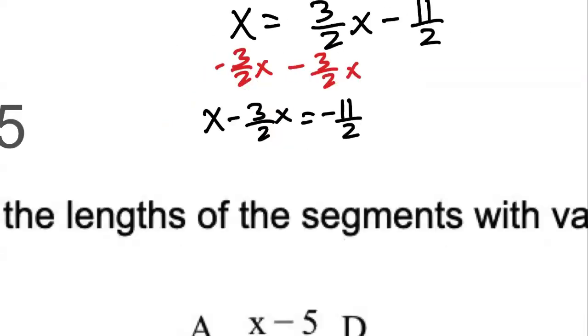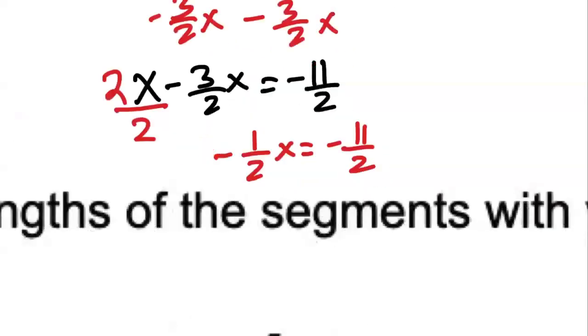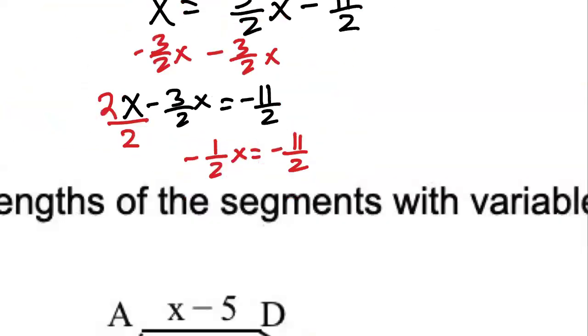When you're adding fractions, you have to have common denominators. So for that x, I actually have to multiply it by 2. So 2x minus 3x is negative 1/2 x, or you can write it as negative x divided by 2, equals negative 11 divided by 2.